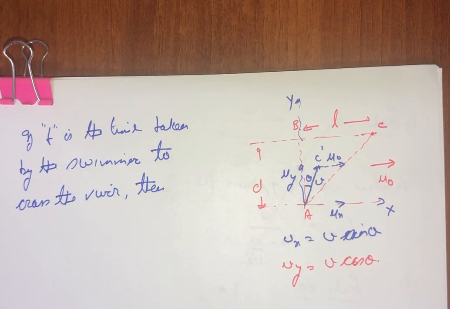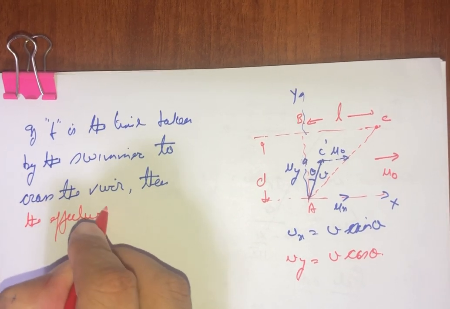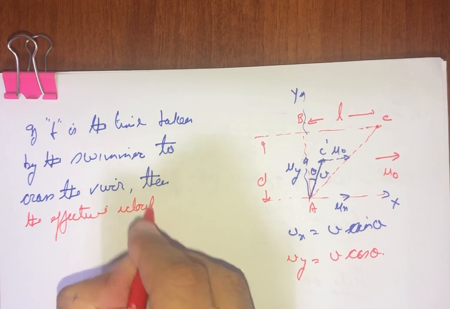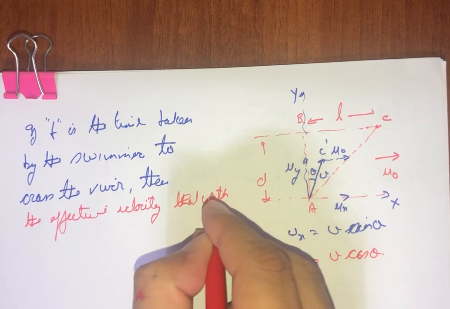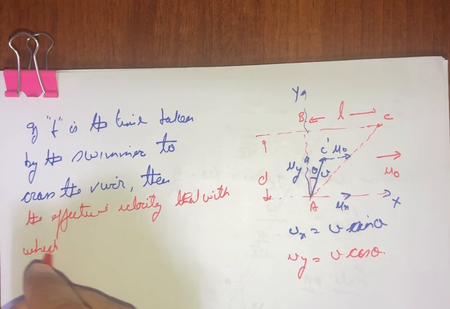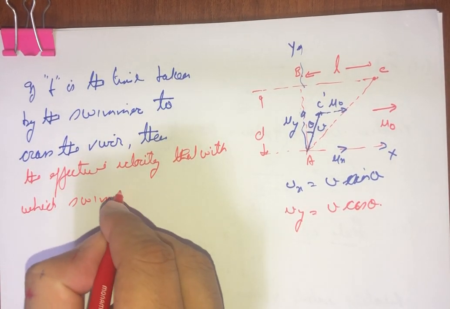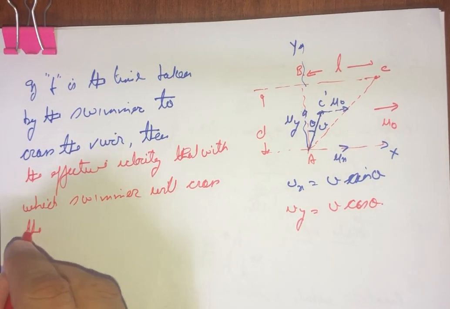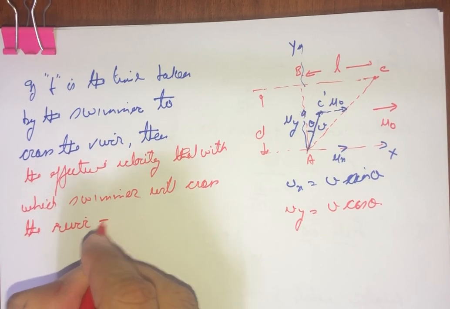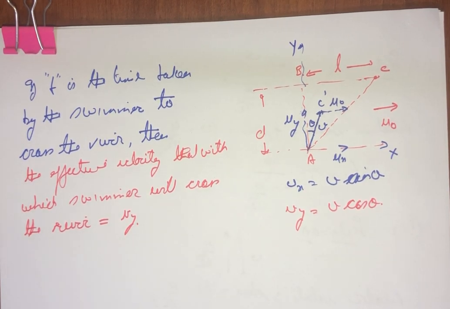Then the effective velocity with which the swimmer will cross the river will be equal to Vy, because this is the only velocity which is acting in the vertical direction.